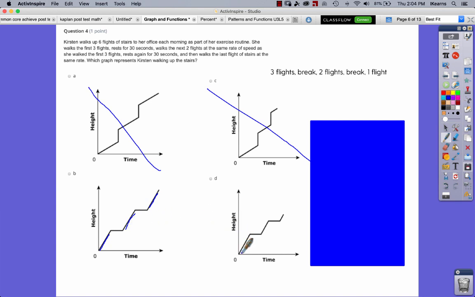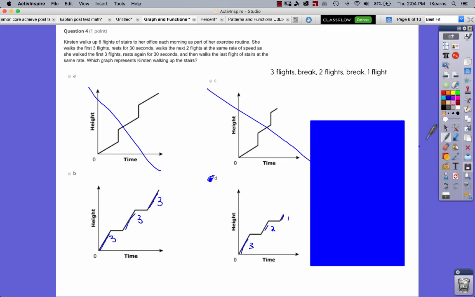This one's longest, second longest, and shortest. And if you remember, she goes up 3 flights, takes a break, then 2 flights, then 1 flight. So this one could be 3, this one could be 2, and this one's 1. Where this one over here is likely 3, 3, and 3. So D is going to be our right answer.